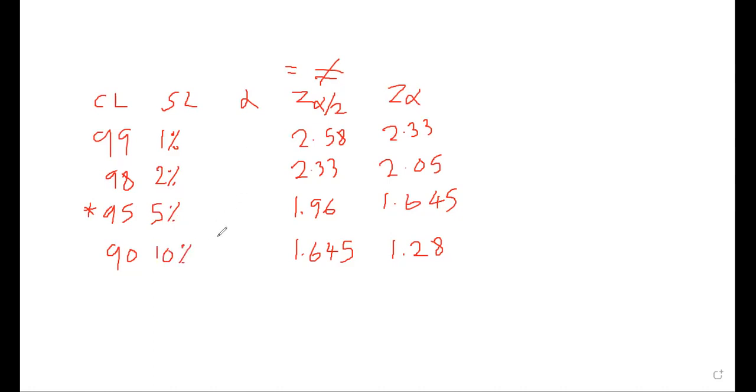Then our alpha here is 0.10, just dividing the significance level by 100. Here we have 0.05, and here we have 0.02. Now these are very cardinal for you in making a decision as to whether to accept or to reject.